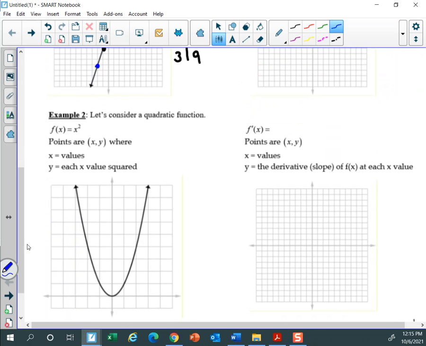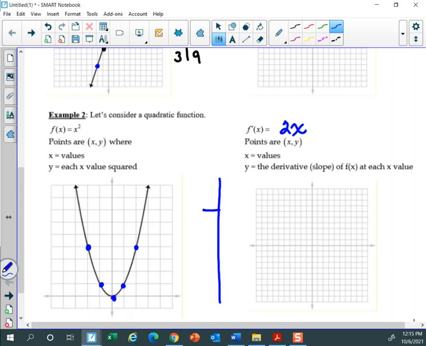If we go to something like x squared, where I've got my points, where each y is related to x such that we take the x and square it and get the y, for x squared the derivative function would be 2x.